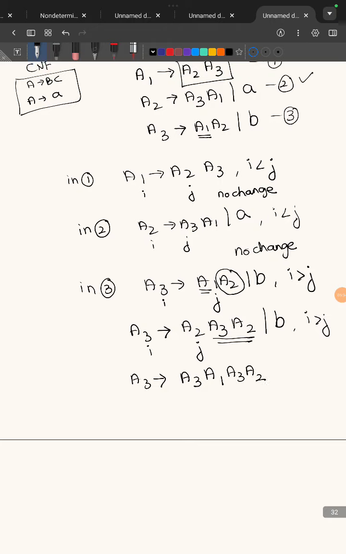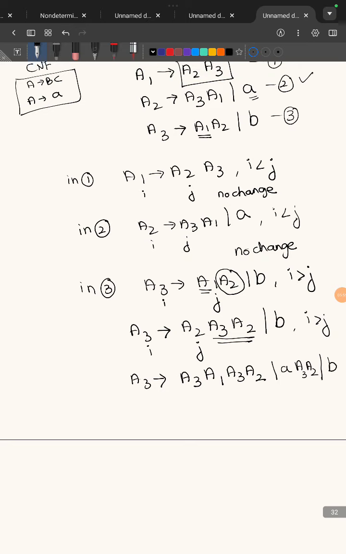Now for this one we are having a small a also, so that also we should be substituting over here. So a followed by A3, A2, bar B.